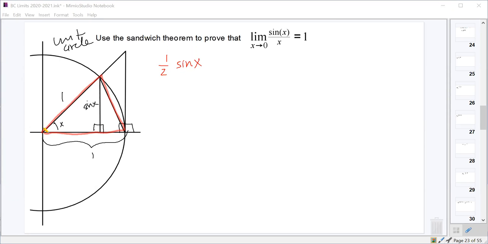And then we should be able to figure out the area of the sector of this circle. What's the area of the sector of a circle?